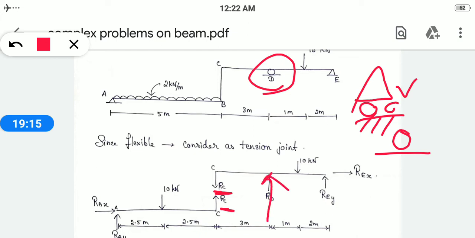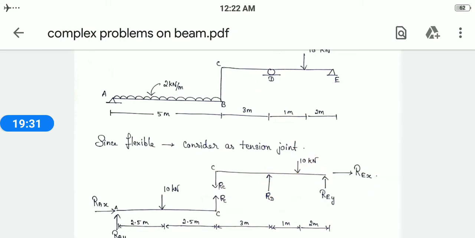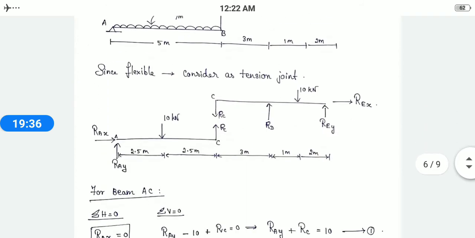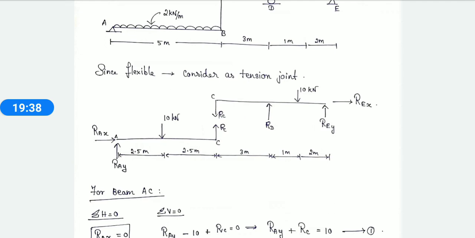Only one vertical reaction will be there, and there is a point load over here, and see here, this is again your hinge support at the last end. So two reactions will be there, one vertical and the other horizontal. I have converted the complex problem into a simple problem now.